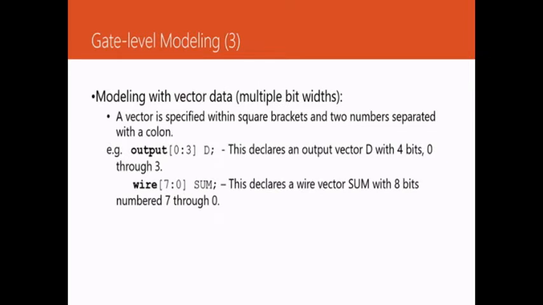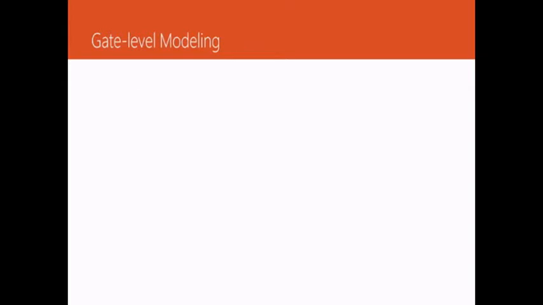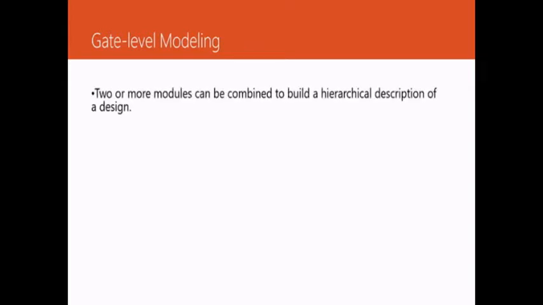Again, wire [7:0] sum; this declares a wire vector sum with 8 bits numbered 7 through 0. The number listed first is the most significant bit of the vector. 2 or more modules can be combined to build a hierarchical description of a design.